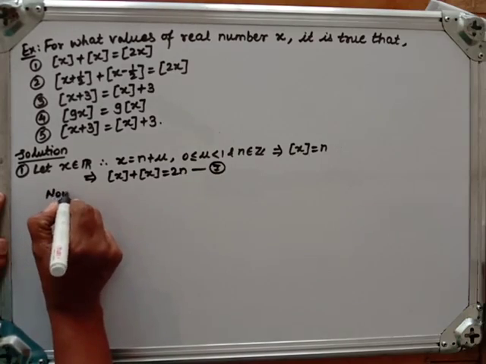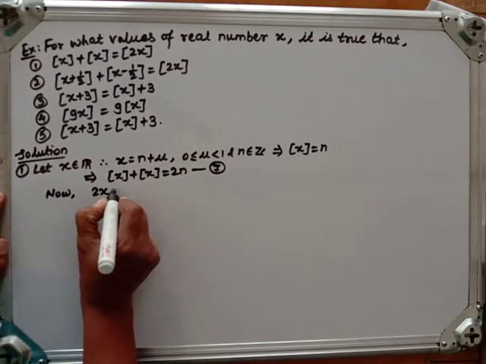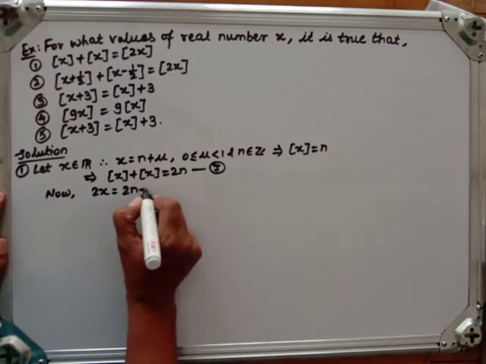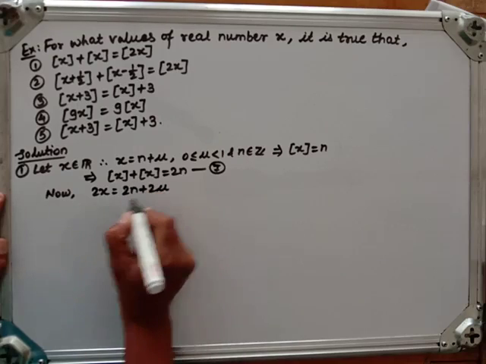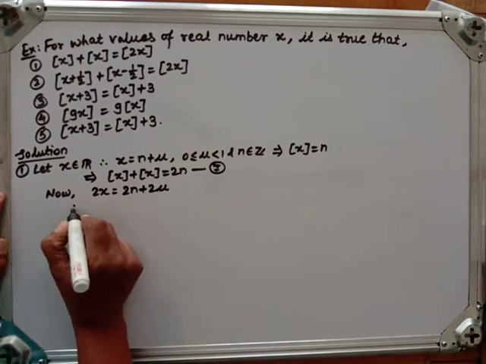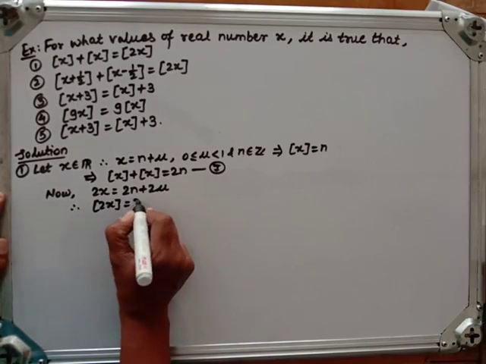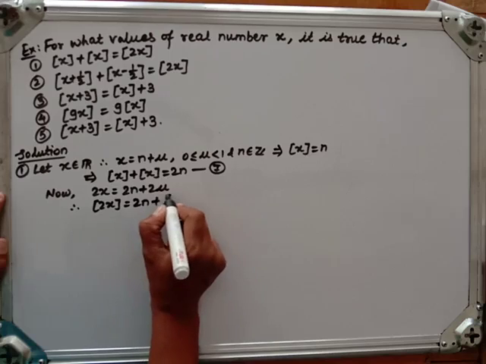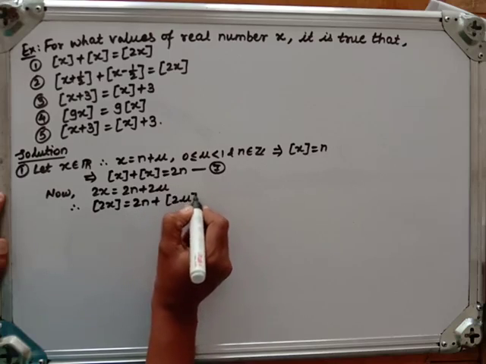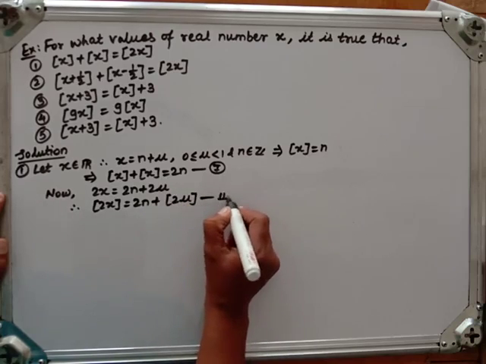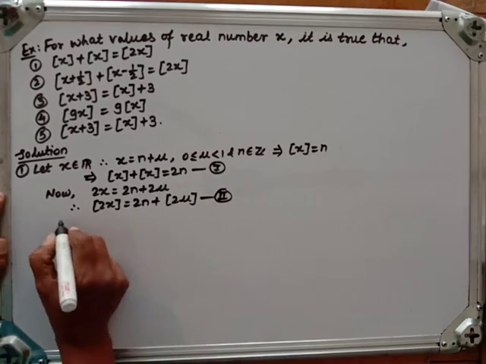Now 2x is equal to 2n plus 2 mu. Therefore, greatest integer function of 2x is equal to 2n plus greatest integer function of 2 mu. Call it equation number 2.